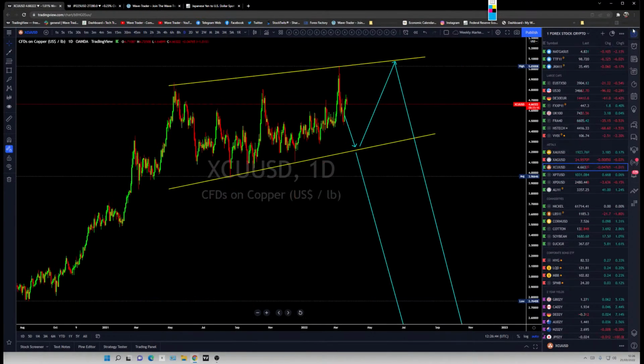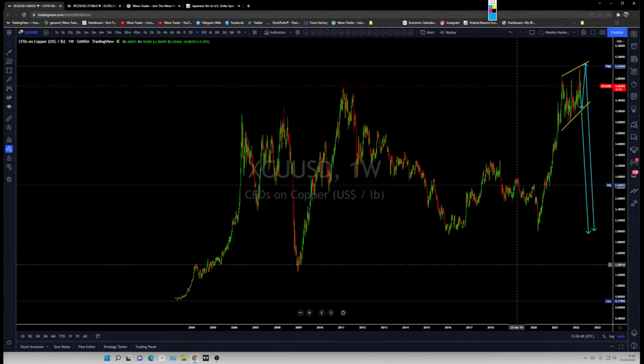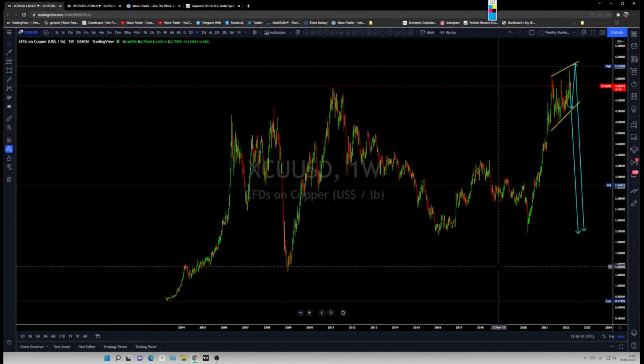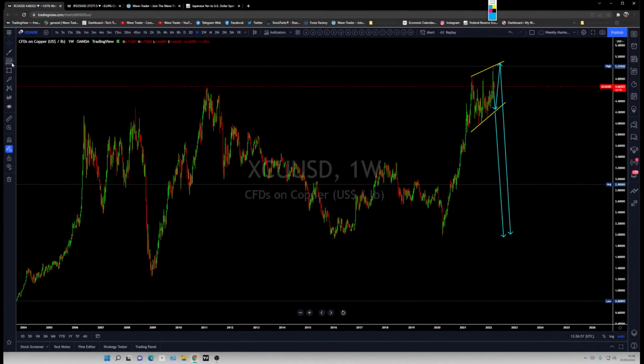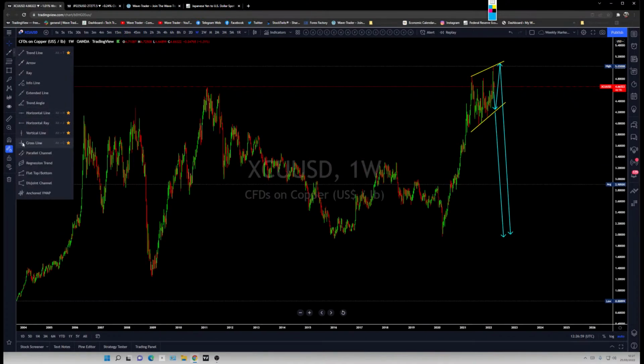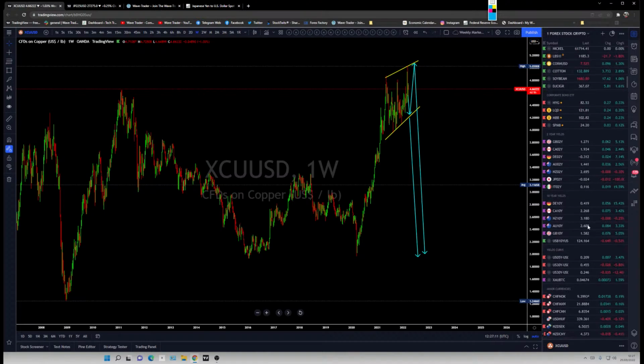Copper: I'm expecting copper to drop for the longer term. Again, guys, it's going to depend on the Fed balance sheet structure, how they are going to structure their balance sheet for reduction. Let's look at 2017, or let's see XCU USD and pull it out on the balance sheet.